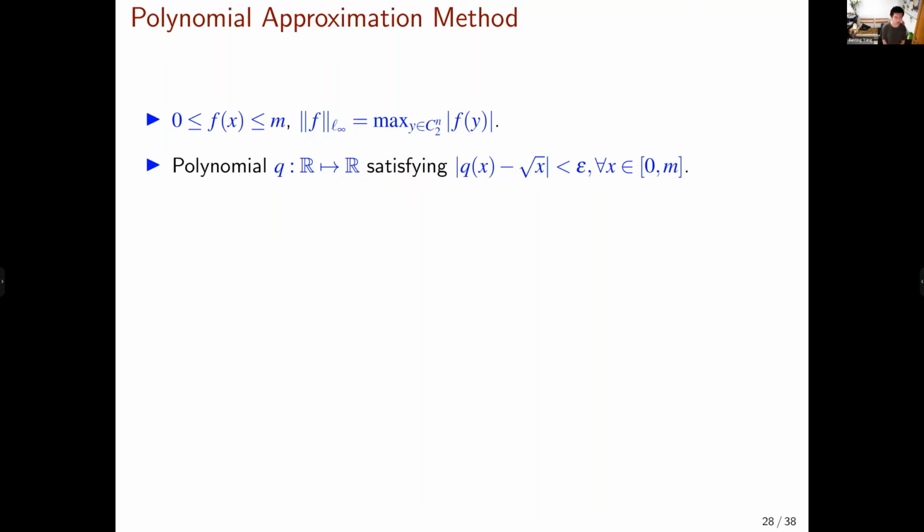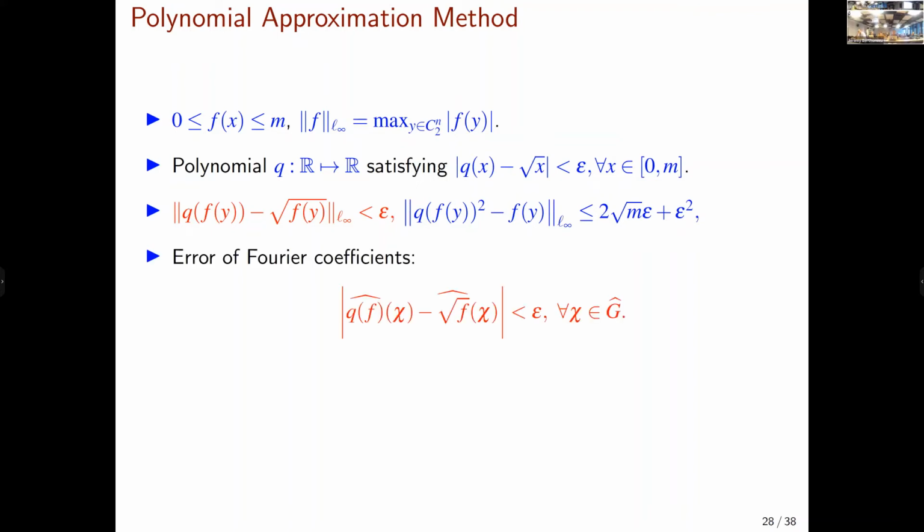If there is a polynomial q such that q approximates the square root function in the interval from 0 to m with error less than epsilon, then we consider the composition of q and f. We can see the composition function approximates the square root of f with error less than epsilon. And of course, the square of the composition of q and f is also bounded in error, and the error of the Fourier coefficients is also bounded by epsilon.